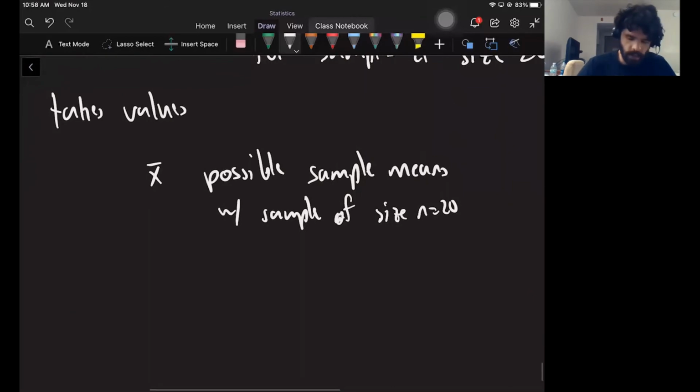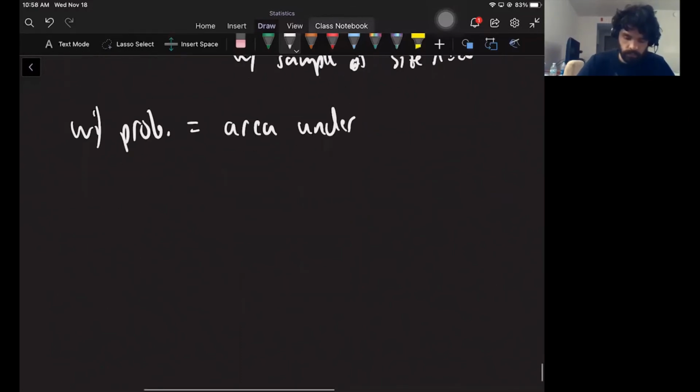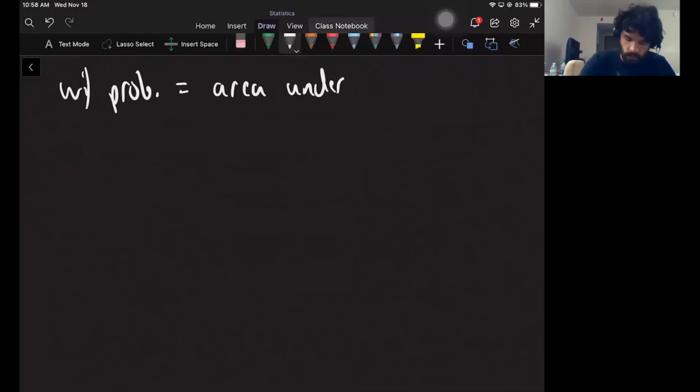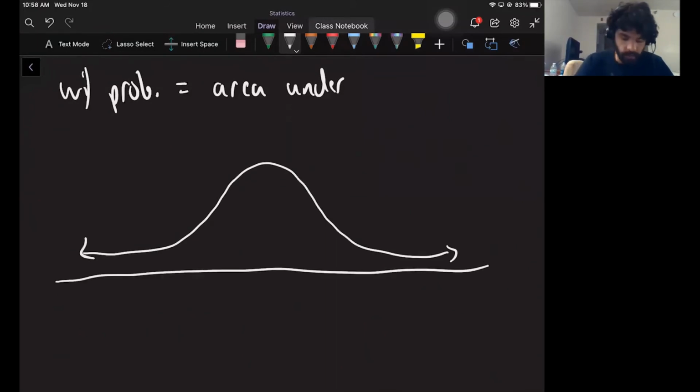So instead, it takes these values with probability equal to area under this normal curve. This is called the sampling distribution of the sample mean for this problem.